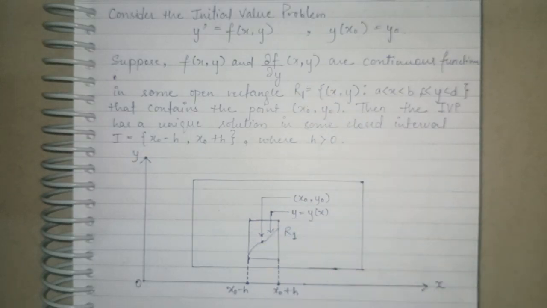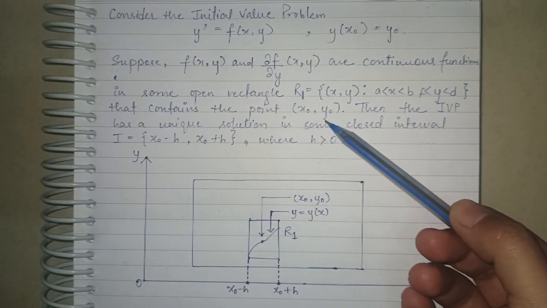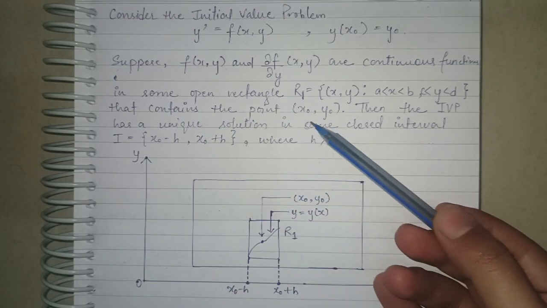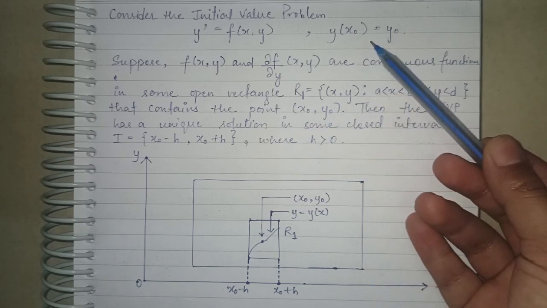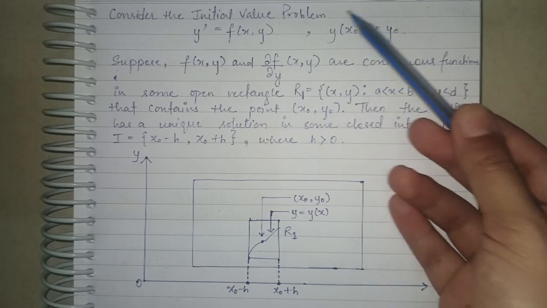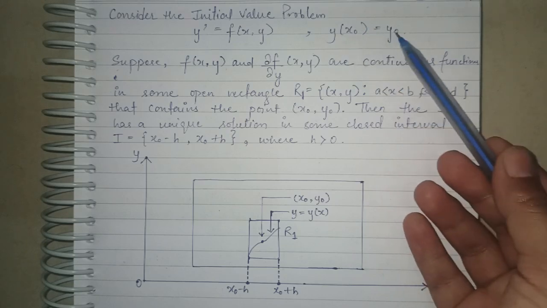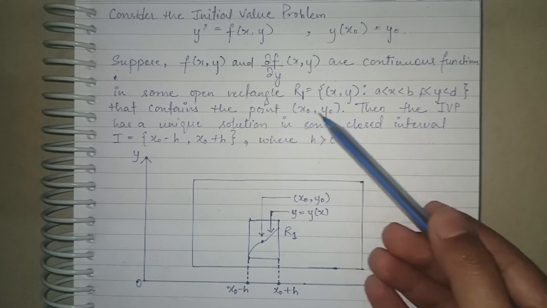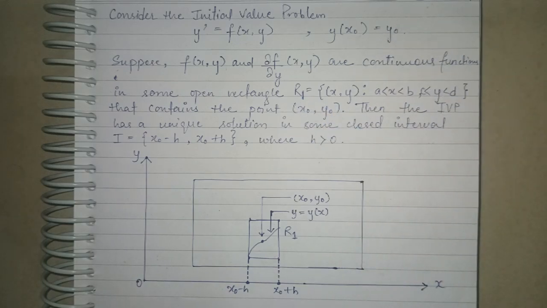The condition is that R1 should contain the point (x naught, y naught). And what is this point? It is nothing but our initial condition: at x naught our y becomes y naught. This is the point that depicts our initial condition.